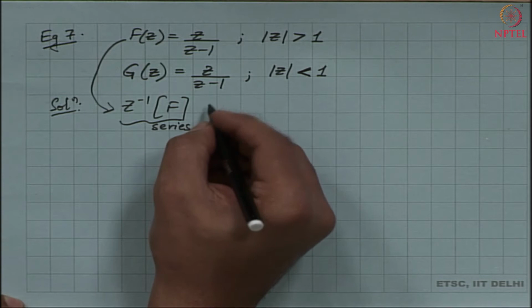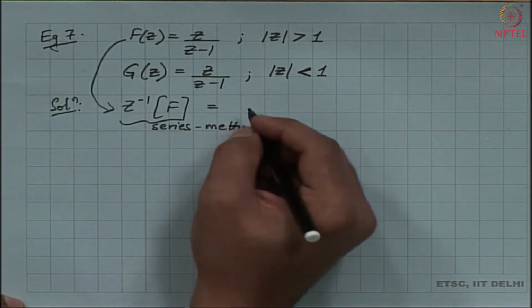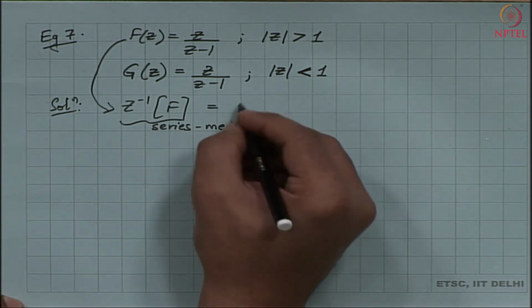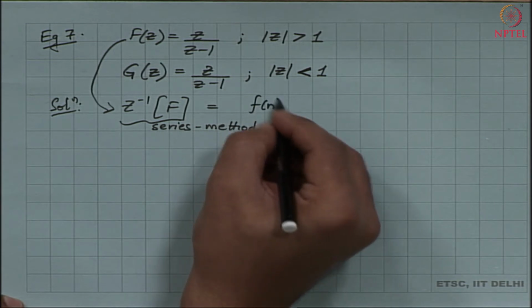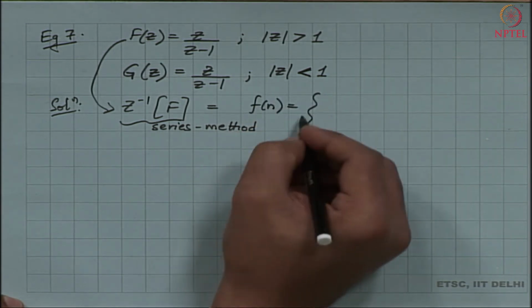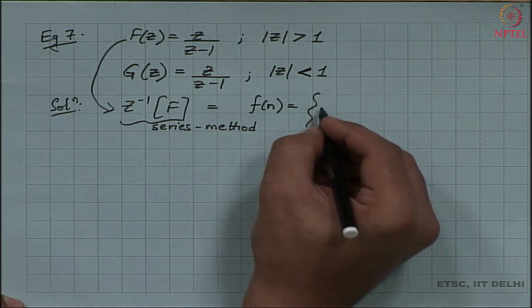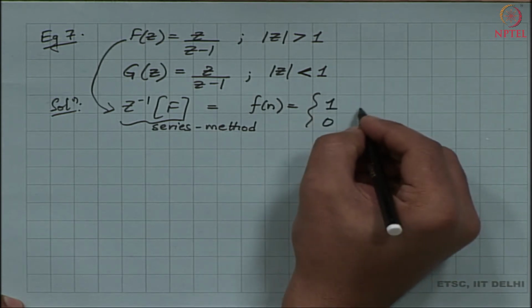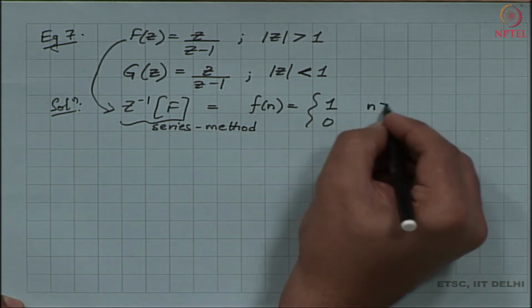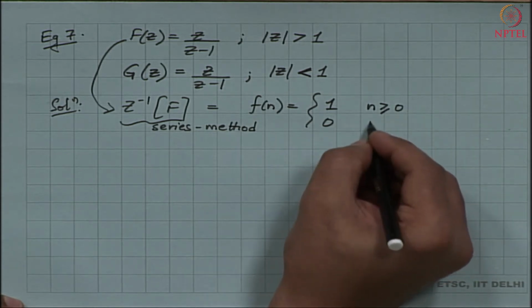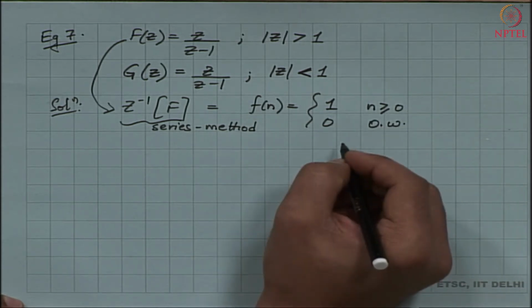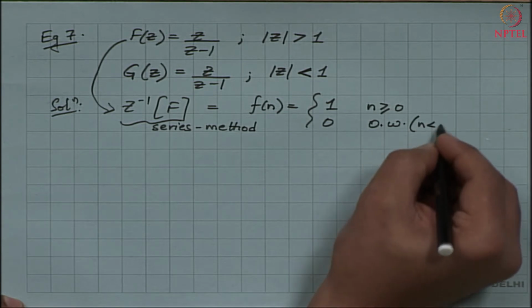When I expand the series, I see that my inverse, let us say this is f of n, will be a Heaviside function, which is 1 only when n is greater than 0, and otherwise it is 0. Otherwise implies n less than 0.